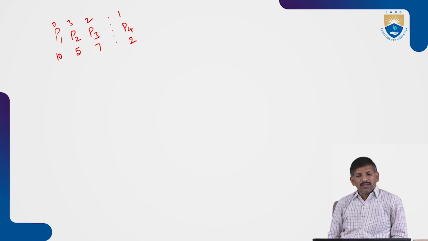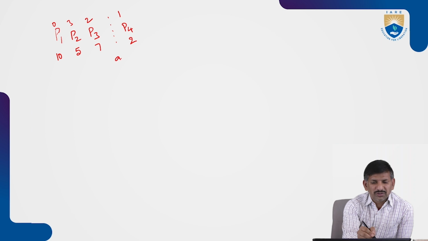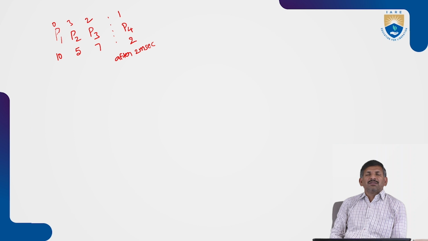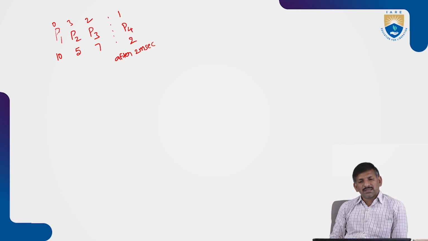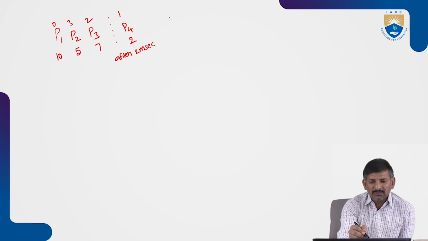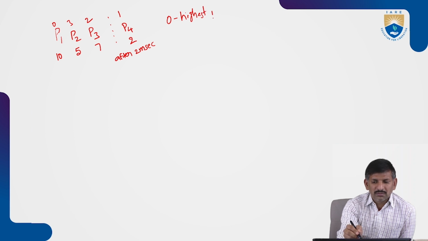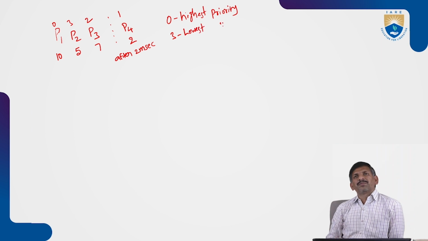Let us consider a new process P4 with execution time 2 milliseconds and priority 1, entering the ready state after 2 milliseconds of execution. Whatever process is scheduled, once execution started, after 2 milliseconds a new process P4 entered with priority 1. Here 0 is the highest priority. Three is the lowest priority.